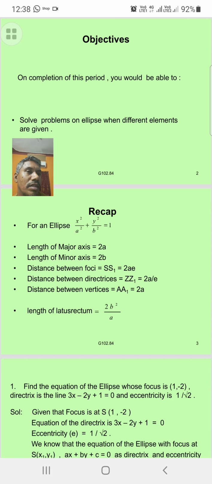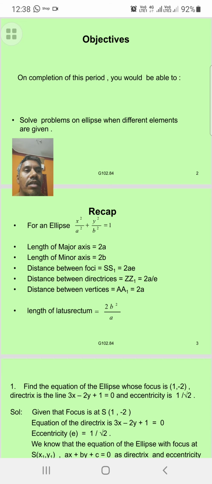In this situation, we have to think and build a relation between the elements given, formed in terms of either only a or only b.